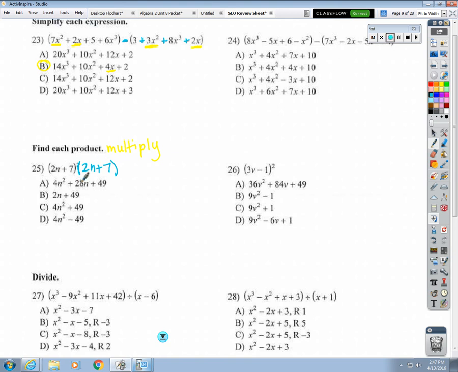FOIL. 2n times 2n is, 2n times 7 is 14n. 7 times 2n is, and 7 times 7 is, and then what can you do? Right, 14n and 14n is 28n, which is A.